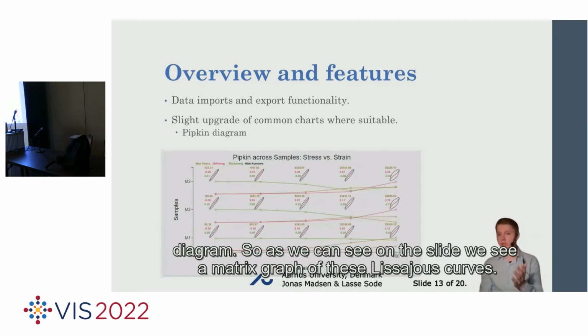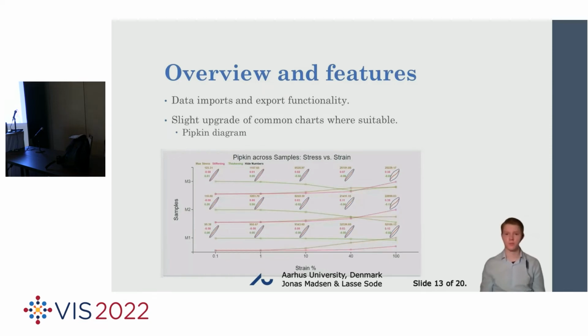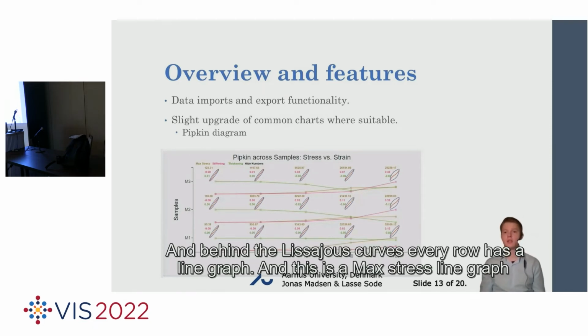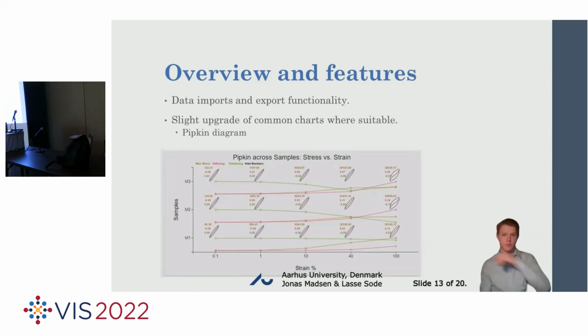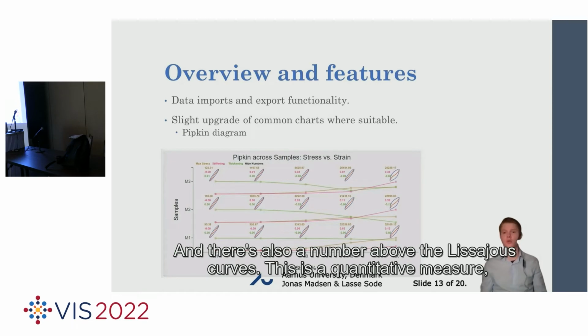So as we can see on the slide, we see a matrix graph of these Lissajous curves. And behind the Lissajous curves, every row has a line graph. And this is a max stress line graph, showing the difference in stress levels as the strain amplitude increases. And there's also a number above the Lissajous curves.